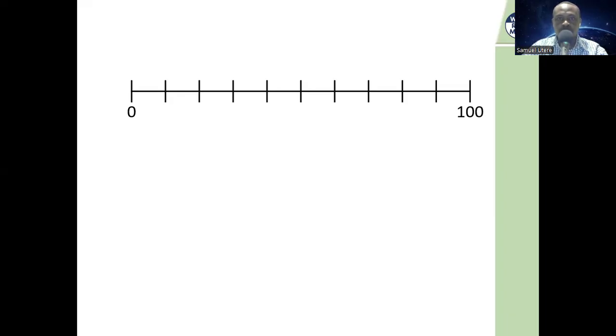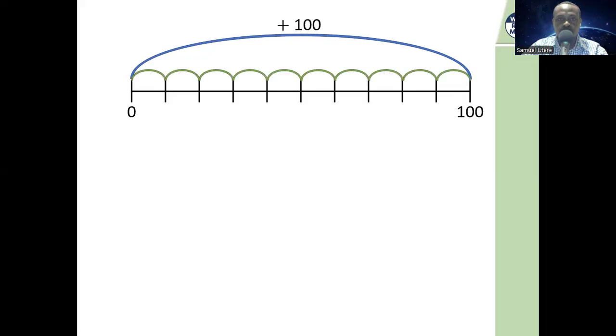Well, to do these intervals, we would first work out the difference between the numbers on both ends. Of course, we'll also count the number of intervals. And next, we will divide the difference between the start and the finish on the number line by the number of intervals.